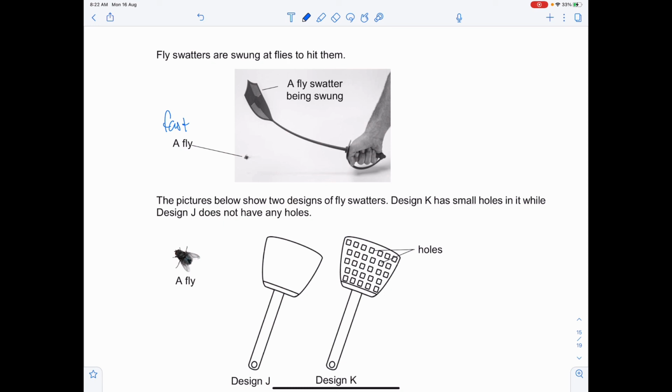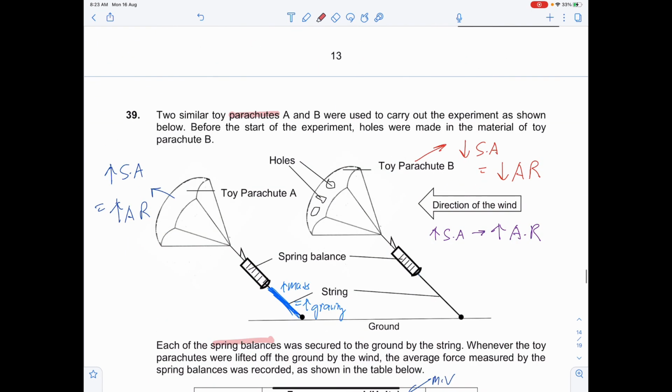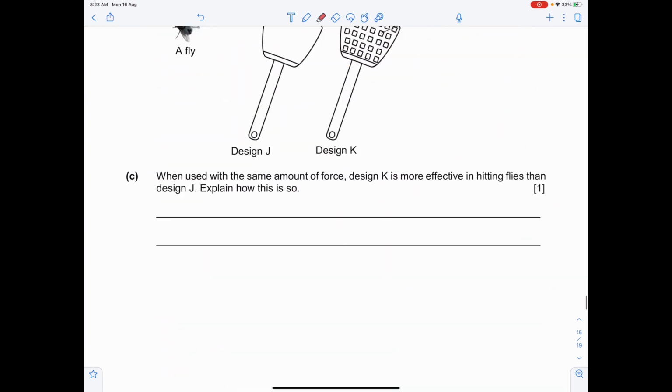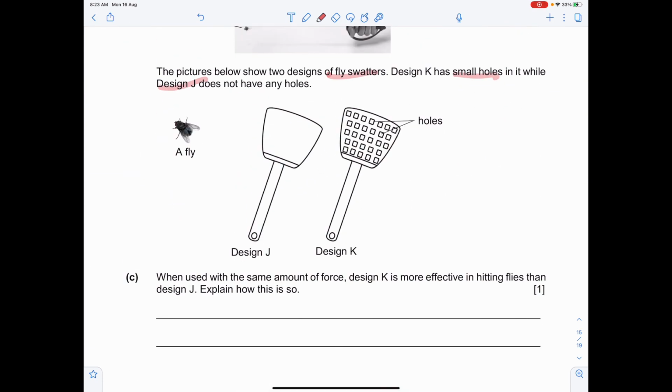So your fly swatter also needs to react very quickly in order to be effective. Now the pictures below show two designs of fly swatters. Design K has more holes in it, while design J does not have any holes. You already did the prior question, so judging based on these, you already know that this question is probably on forces and talking about air resistance.